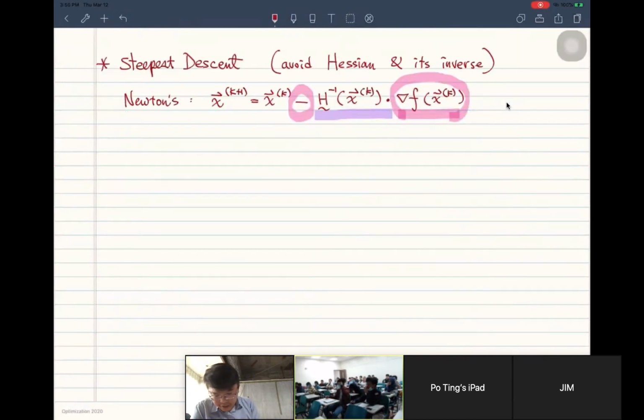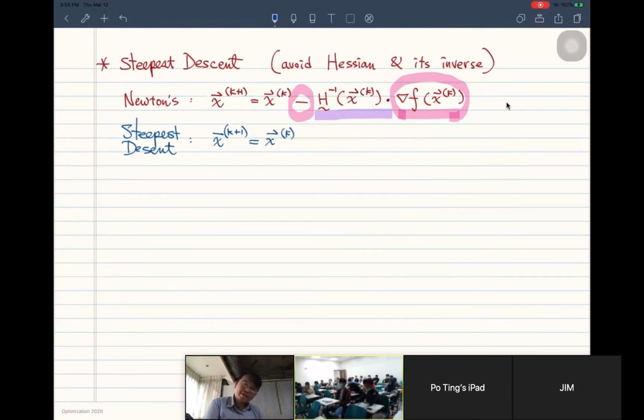So for steepest descent, actually the formulation looks very similar, but introducing a new coefficient we call alpha times gradient f.